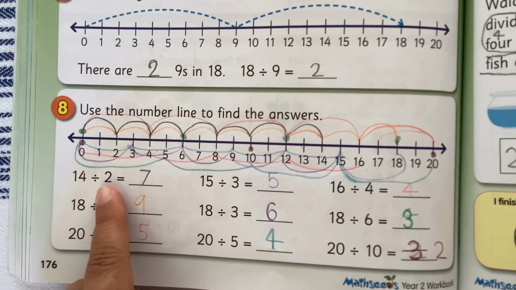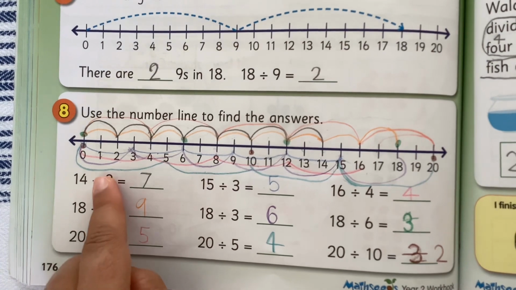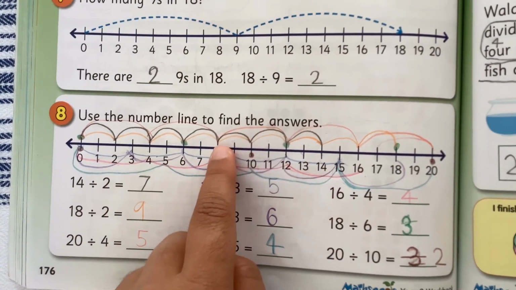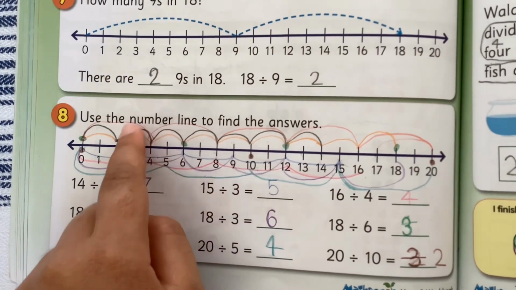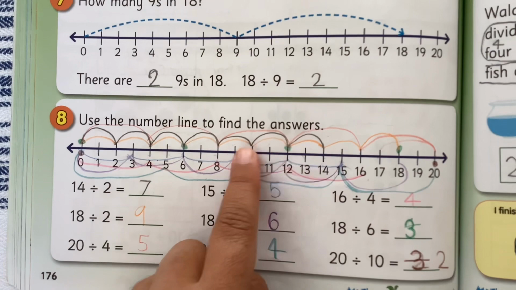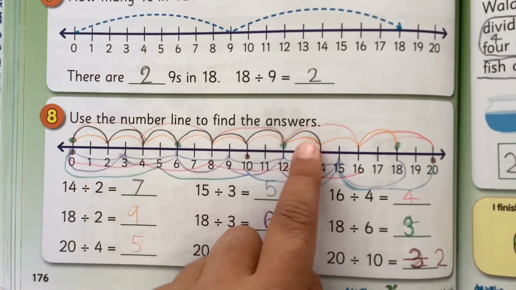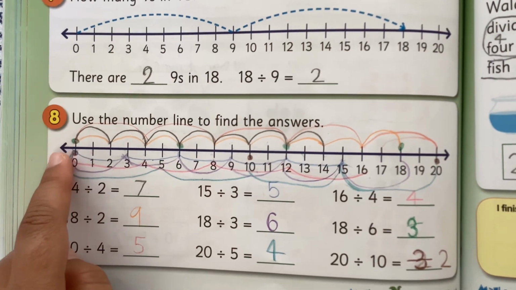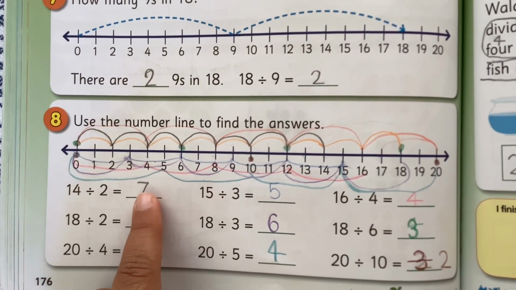And 2 is the number of groups there are, so I jumped back 2 spaces and continued until I got back to 0. Then I counted the number of jumps I made until I got back to 0, which is 7.